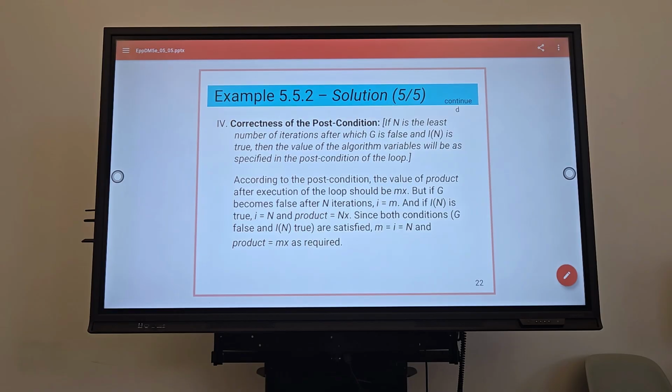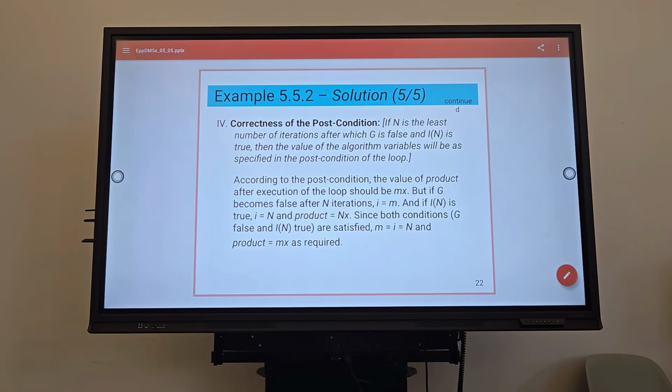Correctness of the post condition. According to the post condition, the value of the product after execution of the loop should be m times x. But if G becomes false after n iterations, I equals m, and if I of n is true, I equals n, and the product equals n times x.